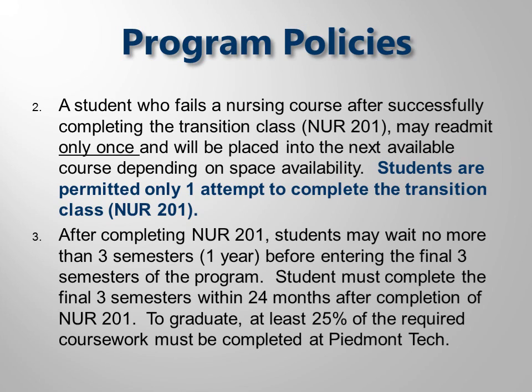That gives you 2 years to complete 1 year of coursework. And in order to graduate from Piedmont Tech, 25% of the required courses must be completed at PTC. If you take the transition class and the following 3 semesters at PTC, you will fulfill this 25% requirement.